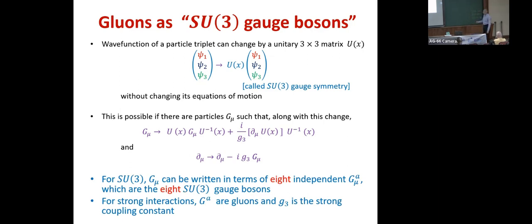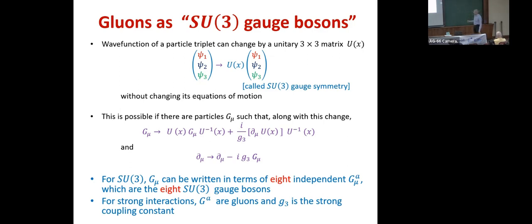So this symmetry, these G mu's, is not just one particle, but a set of 8 different particles. And the reason for that is that this is a 3 by 3 unitary matrix, and you can write this in terms of 8 generators of SU(3). SU(3) happens to have 8 generators, the Gell-Mann matrices, that you might have heard about.